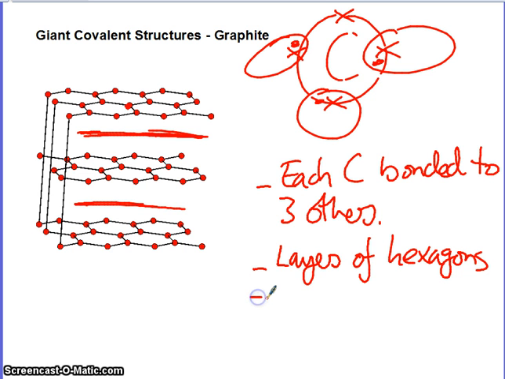This means, just like a metal, the layers can slide, therefore graphite can act as a lubricant. It actually has a slippery feel because the layers can slide over each other. It also means that graphite can conduct electricity because it has these delocalized electrons in the middle. And those two are very, very important points. It's slippery because the layers can slide over each other, and it conducts because of the delocalized electrons.